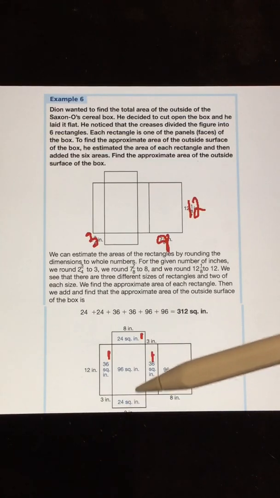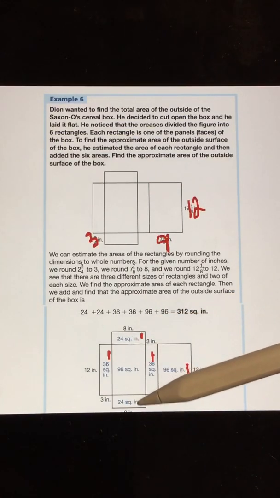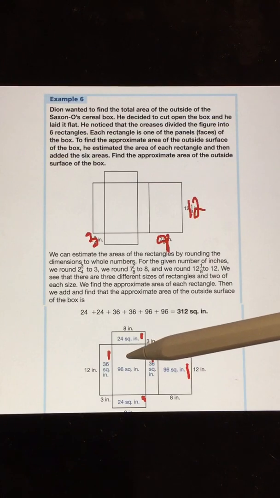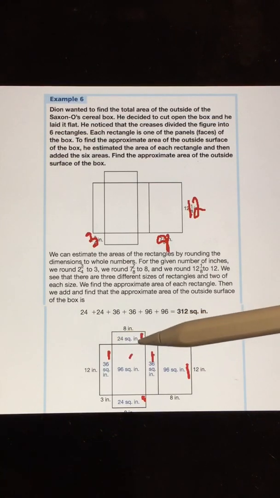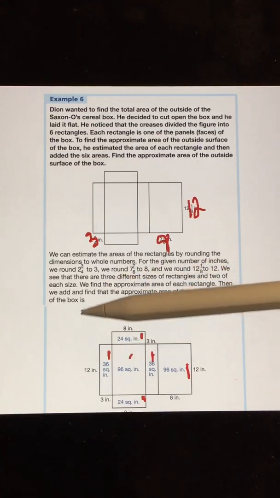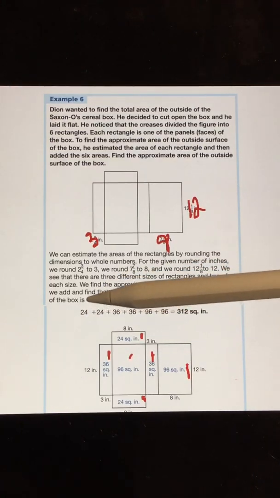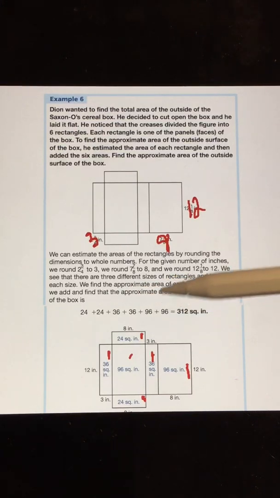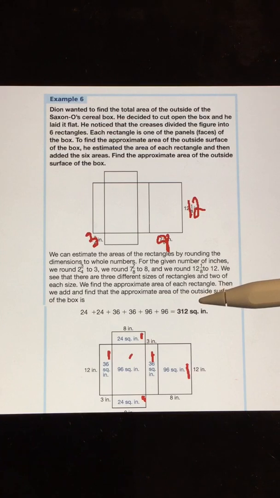We have 8 times 3 for this section, which is 24. And then we have 8 times 12 for this section, because it's 8 inches and 12 inches high, and that is 96. We add all of those together: 24 plus 24 plus 36 plus 36 plus 96 plus 96, and we get 312 square inches. All right.